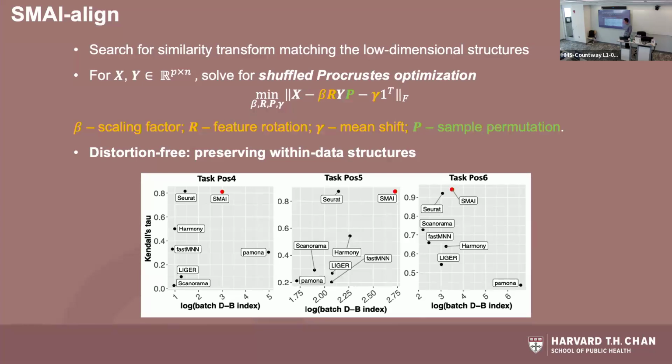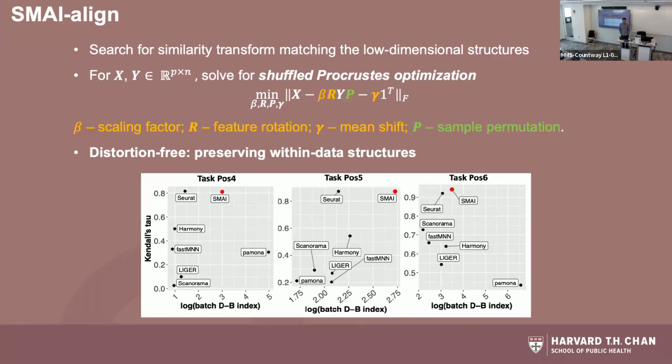Here we just take three benchmark data sets mentioned in the previous slides to compare different embedding or integration algorithms. The y coordinates characterize the preservation of within data structure before and after integration. The x coordinates is what people usually compare, just the batch effect removal.